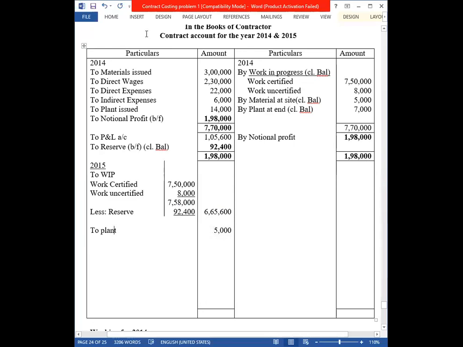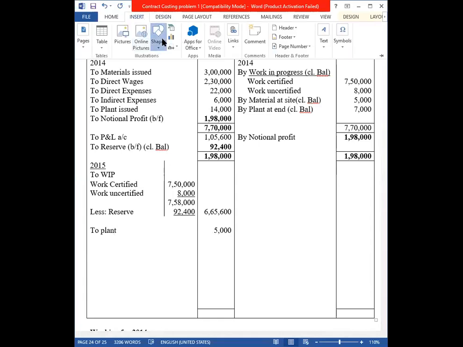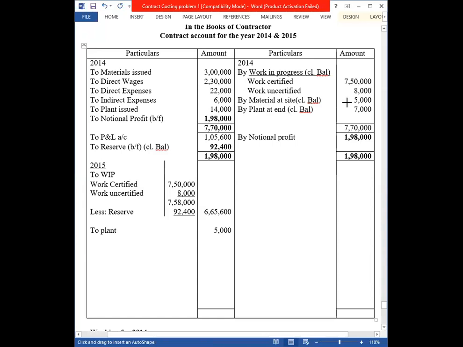Next, this is nothing but from where it has come. I will be showing you there. So this 5,000 you have transferred from there to here. Okay, and same way you are going to transfer to material also.